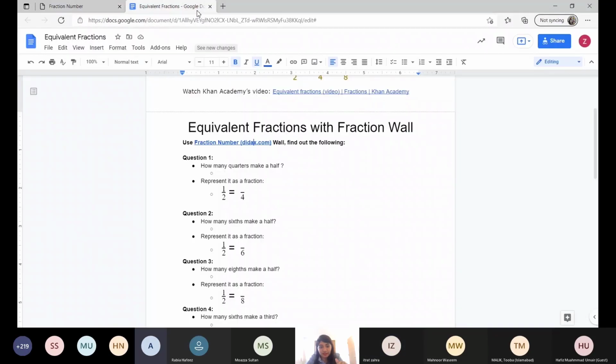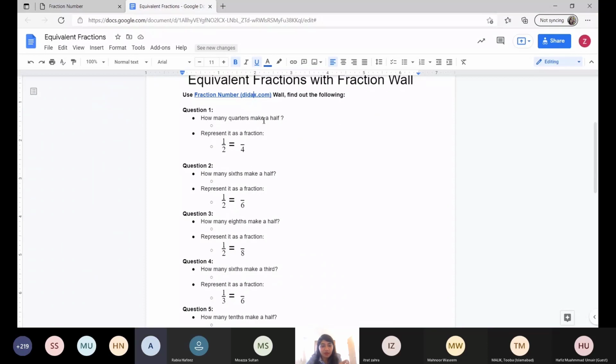Then they can do some exercise like how many quarters make one. We can do this activity also by sharing pizza, like cake.